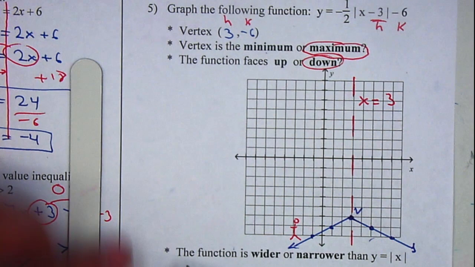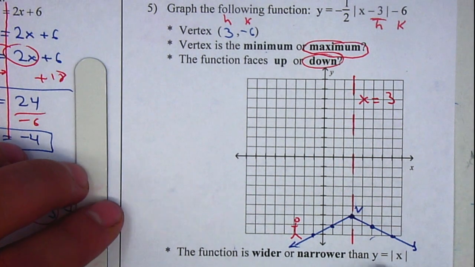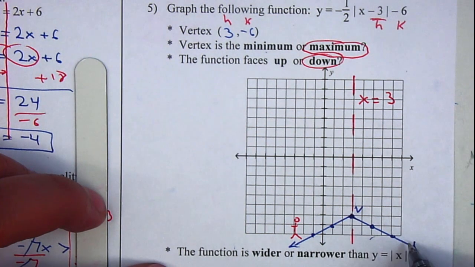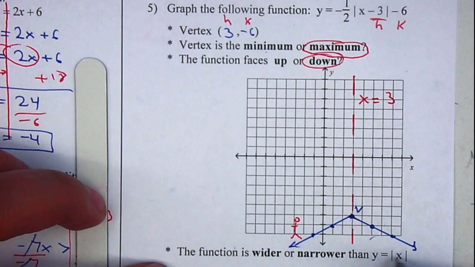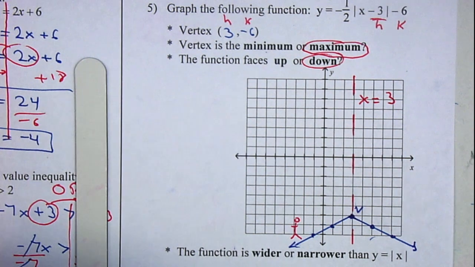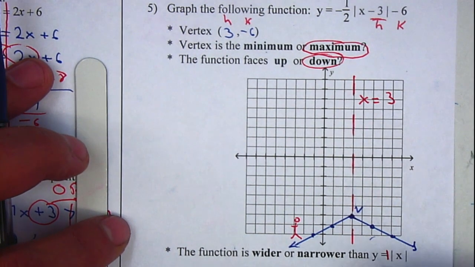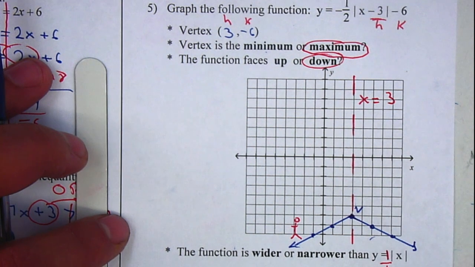The last thing it says, the function is wider or narrower than y is equal to the absolute value of x. We want to be able to compare whether this function, the one that we just graphed, is wider or narrower than this one here. Just the basic graph, y is equal to absolute value of x. Remember, the coefficient or the a value is 1. So let's say 1 over 1.